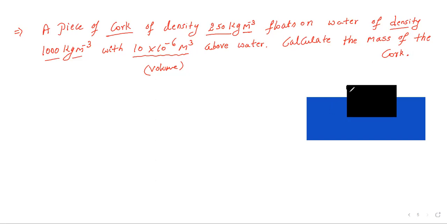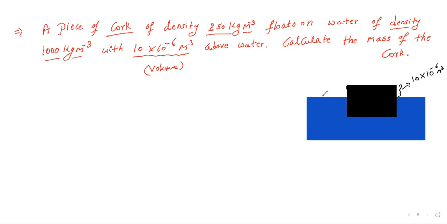So here, only the small amount of the cork, how much it is the volume? 10 into 10 power minus 6 meter cube is floating above the water, correct? It is above the water. We don't know how much volume is below the water, sunk.